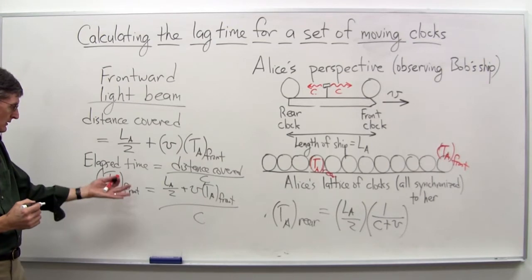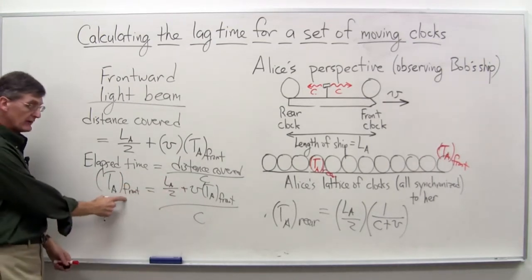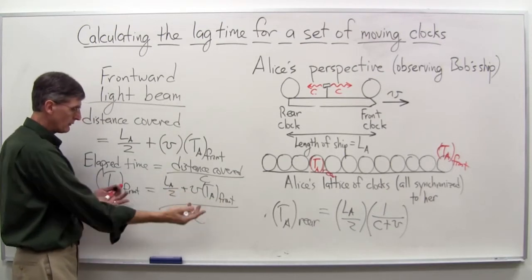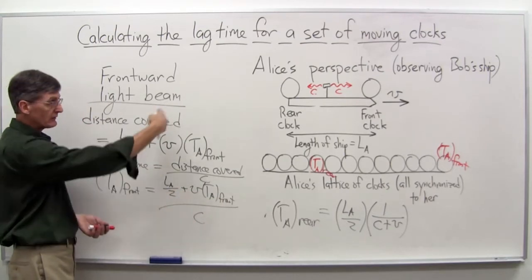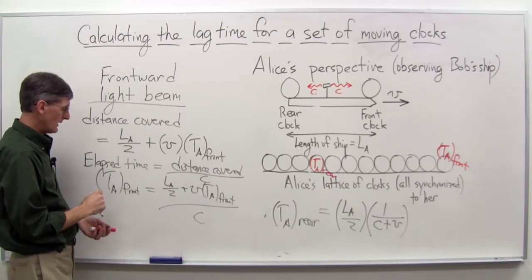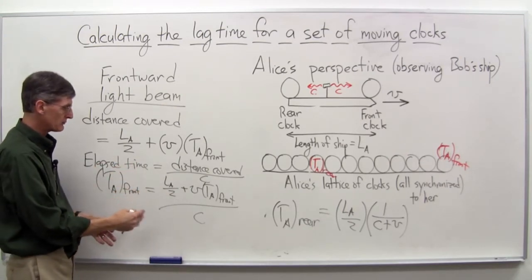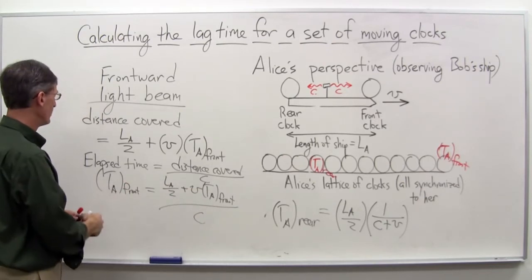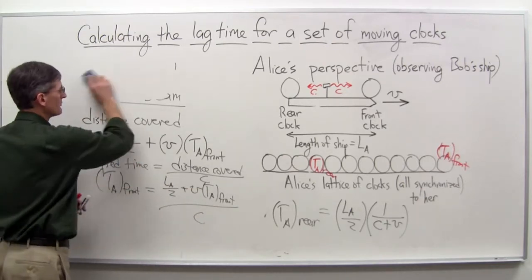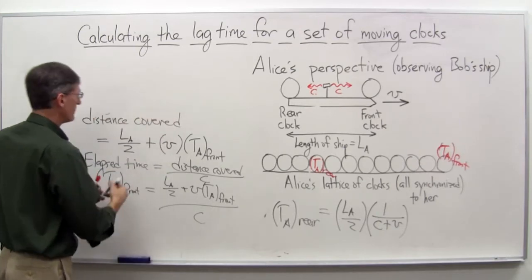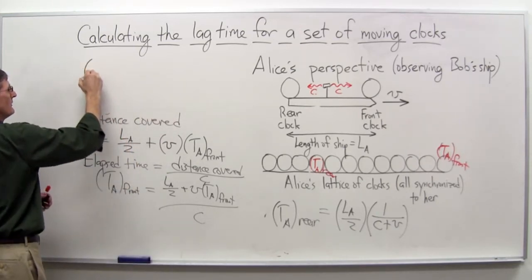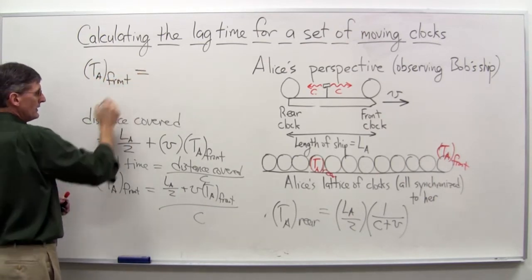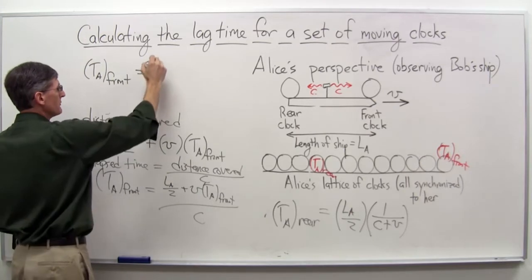And if you do that, notice we have TA front on this side, we have TA front on this side, we have V, which is a given value, C, we know, and LA is a given value, the length, according to Alice, of Bob's ship. And again, you manipulate a little bit, it doesn't need too much algebra, get the TAs on one side, and you will find out that TA front equals, very similar to what TA rear is, but not quite the same.